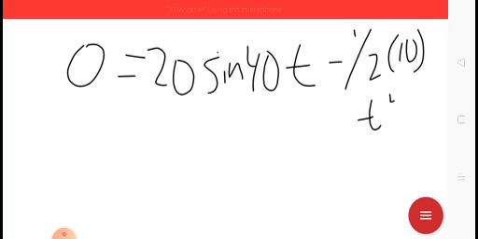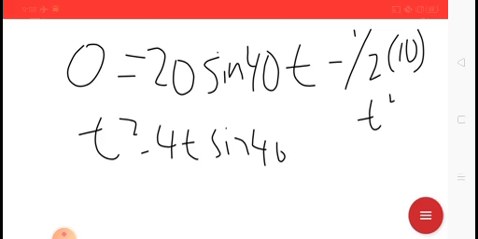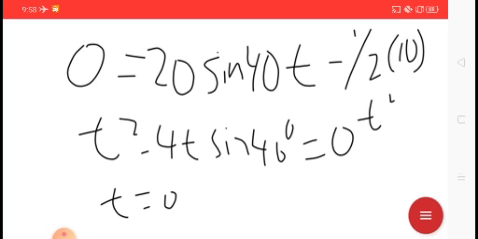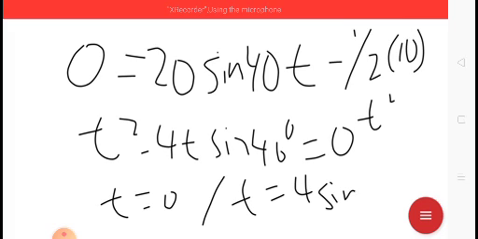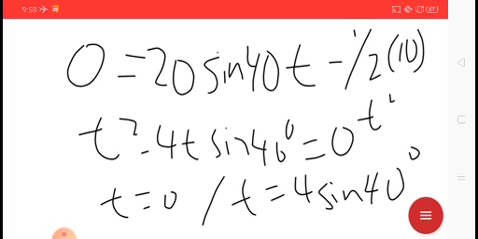So simplify this, you should be able to get t square minus 4 sine 40 t equal to 0. Factorize this, you may get t equal to 0 or t equal to 4 sine 40. Right, t equal to 0 means the beginning point. The other point will be the end point, t equal to 4 sine 40.